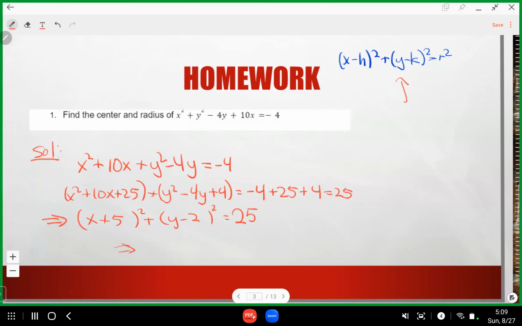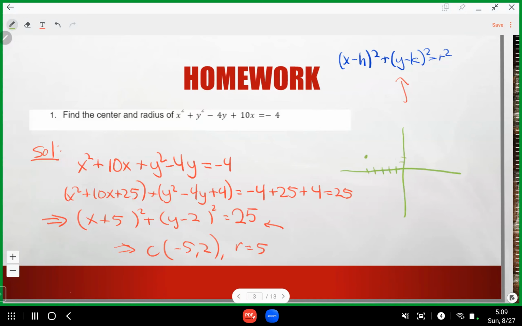Very good. So center is -5, 2, right? And the radius is equal to 5 because this is r squared, so you square root it. So if you do want to graph this, you can. You find the center first. So to the left 5, up 2, that's the center.